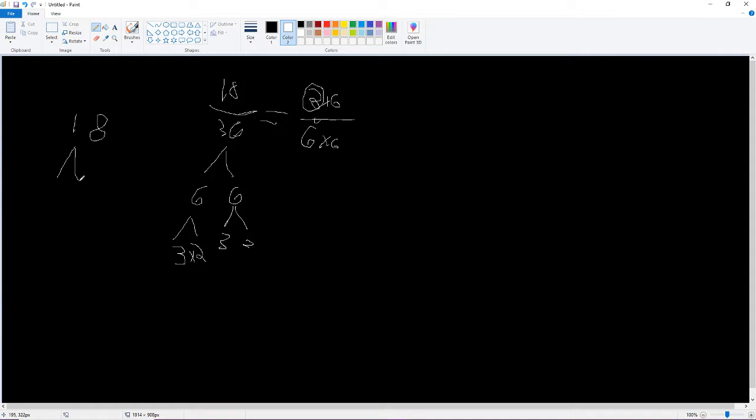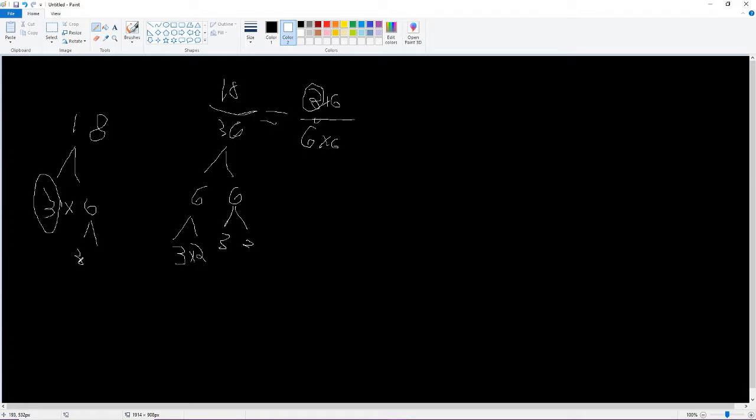And you do the same thing, which would be 3 times 6. And then 3 is a prime factor, so you'd circle that one because nothing else except 1 times 3 would go into 3. So you go over to 6. 3 times 2 equals 6, so you do that.